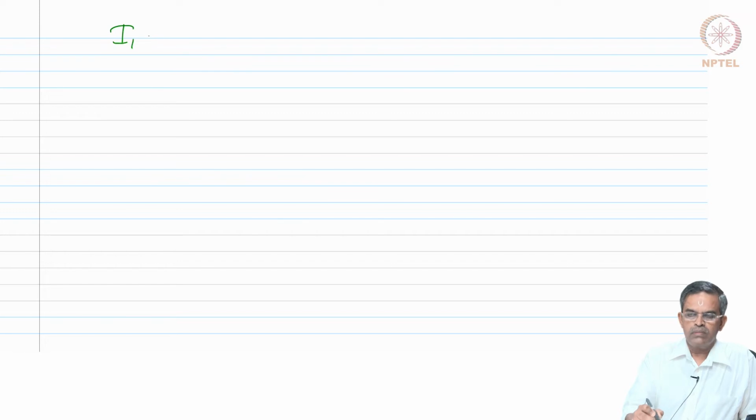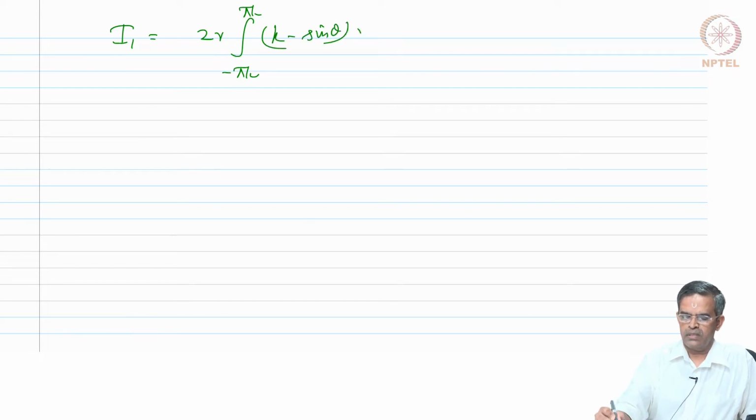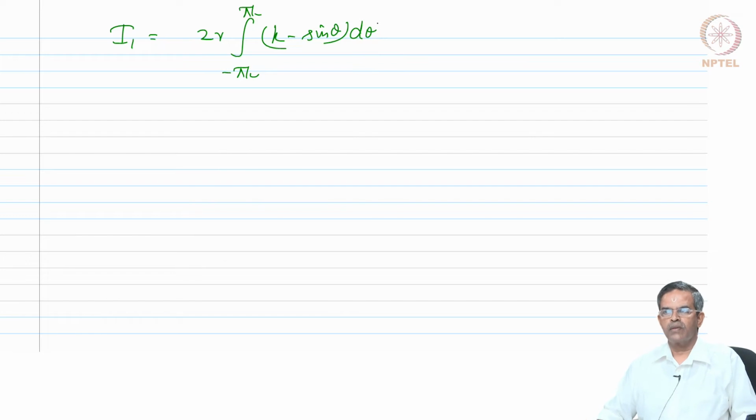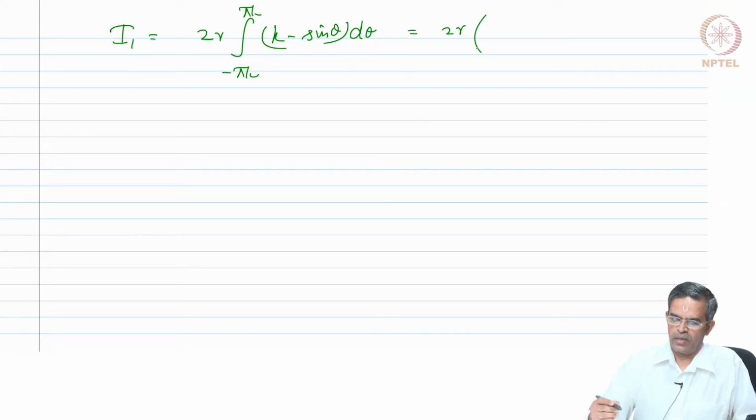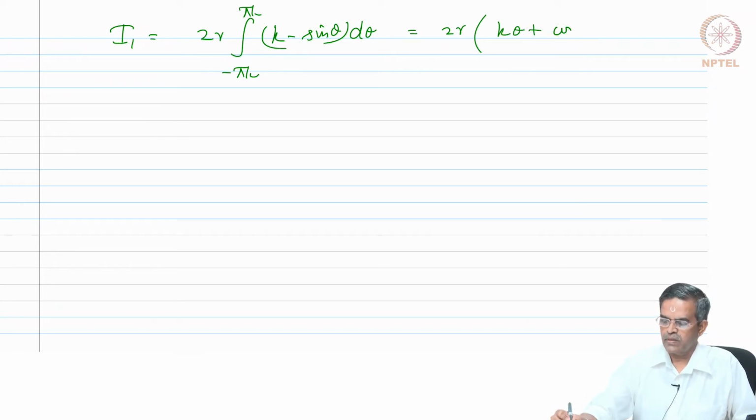I1 is 2r times the integral from minus pi by 2 to plus pi by 2 of k minus sin theta d theta, which is equal to 2r times of k theta plus cos theta from minus pi by 2 to plus pi by 2.